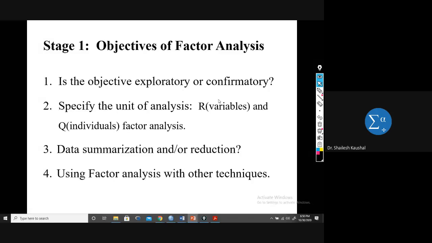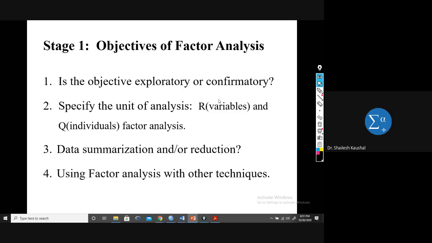Second, the unit of analysis. There are two things: one is variables and another is individuals, like respondents. Variables means questions. So there are two types of analysis. Here our purpose is R factor analysis, which means exploratory factor analysis. Q factor analysis means cluster analysis, where we segment a heterogeneous group of people into a few segments.